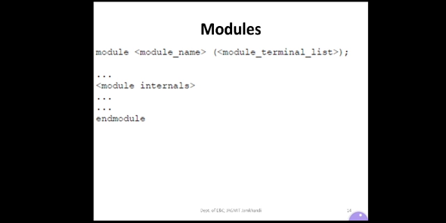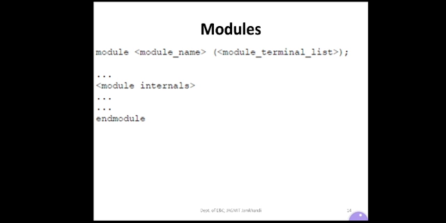followed by the module terminal list. The module terminal list describes the input and output terminals of this module. Whichever module you are going to design, the inputs and the outputs of that module are defined or listed in the module terminal list, followed by a semicolon.